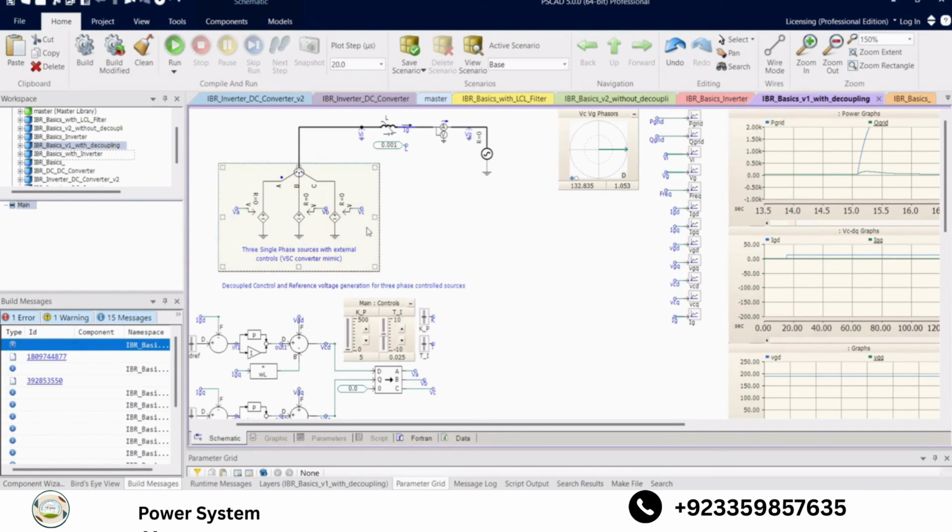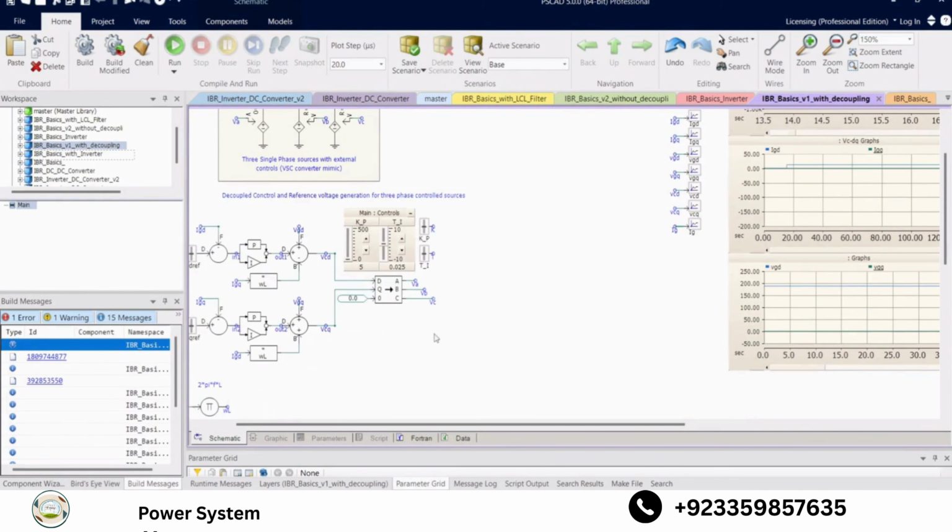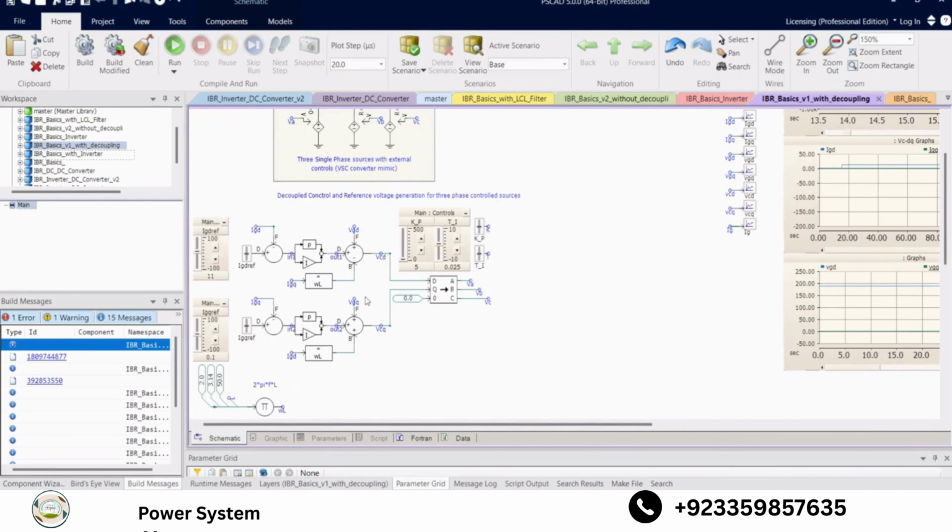For example, I have three sources which are control sources. So VA is actually the output of the park transformation, which I used to calculate the reference value of VA, VB, VC.